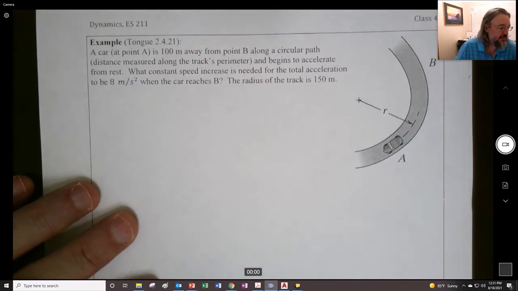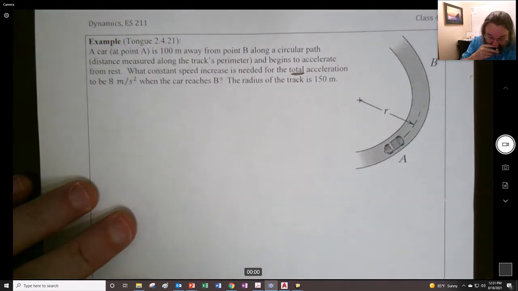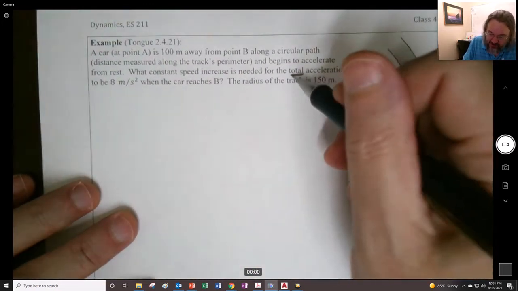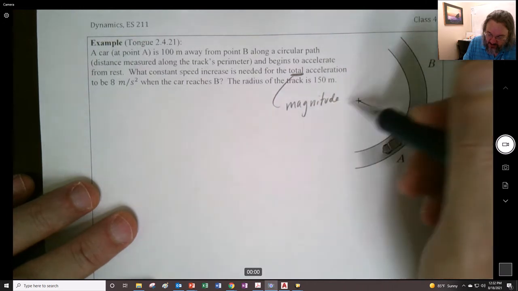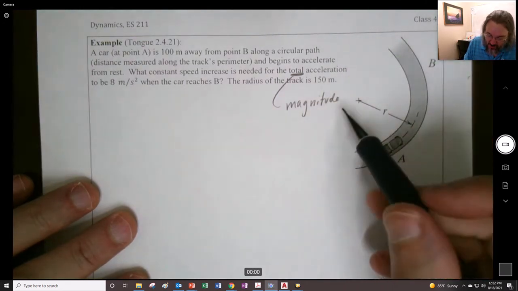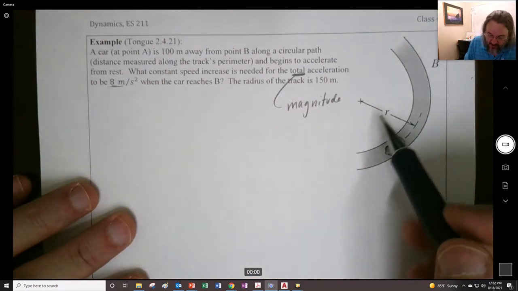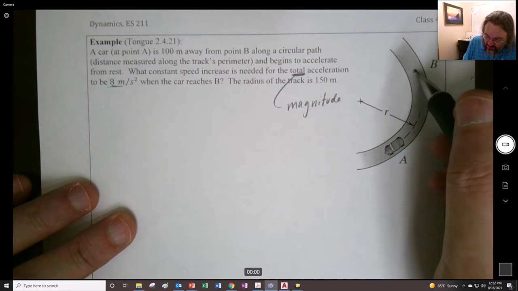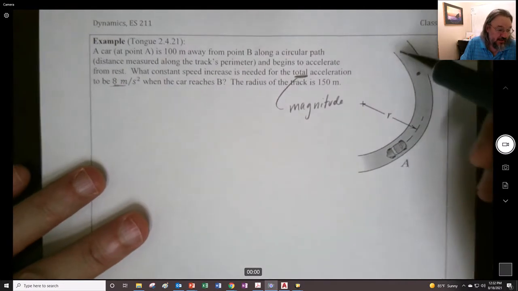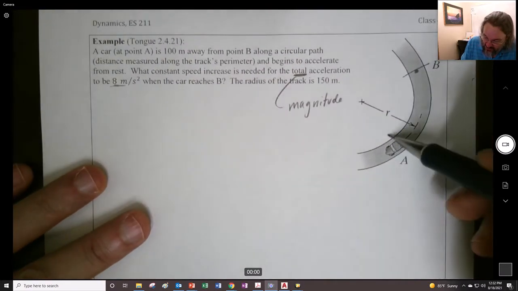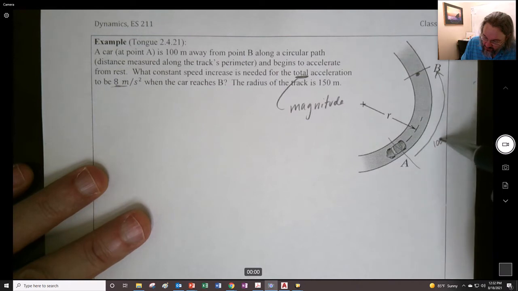All right, so let's see. We want the total acceleration. That should give us a key here. Total acceleration means the magnitude, right? So the magnitude is going to be 8 meters per second squared when it reaches B. And he says it's 100 meters away, so we have to interpret that as meaning the arc length is 100 meters.